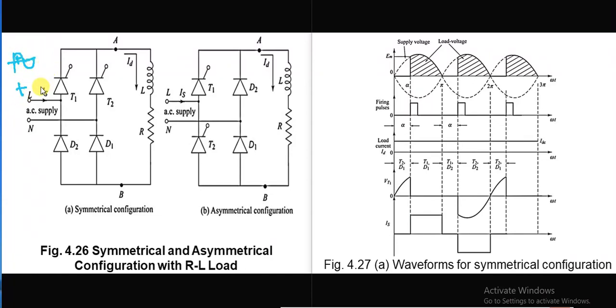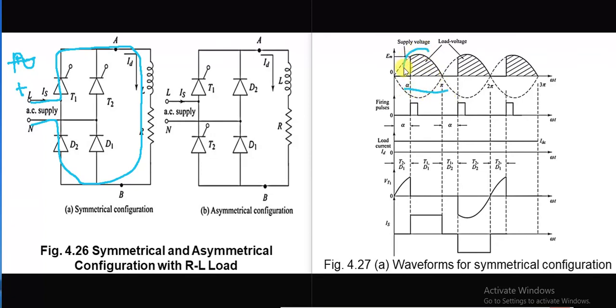Okay, so the current will flow from L, T1, inductor, R, D2 and L for the time duration alpha to pi.